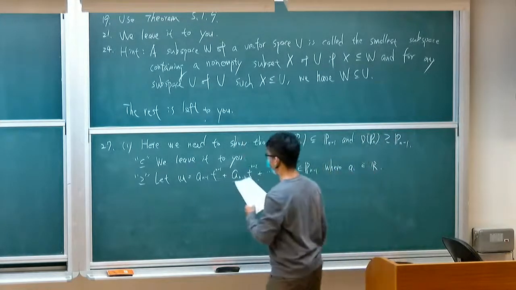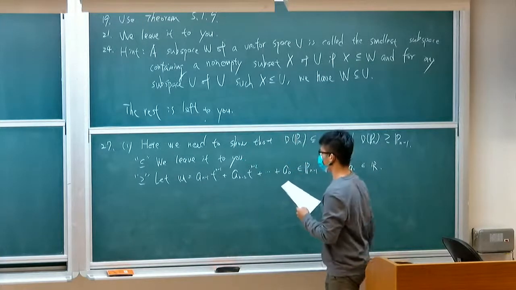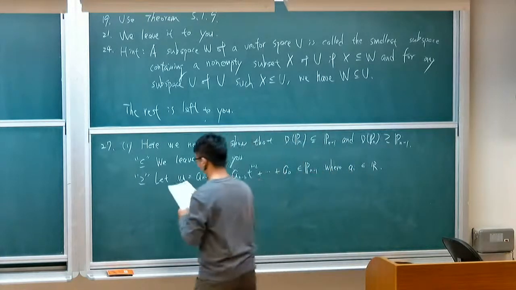Now we want to find an element in Pn such that its derivative is u.